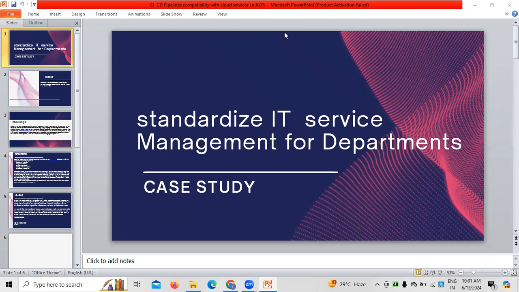In regard to that, being a BA, whenever we try to understand the requirements from the ServiceNow perspective, to have some exposure on a particular project or a case study is always helpful.